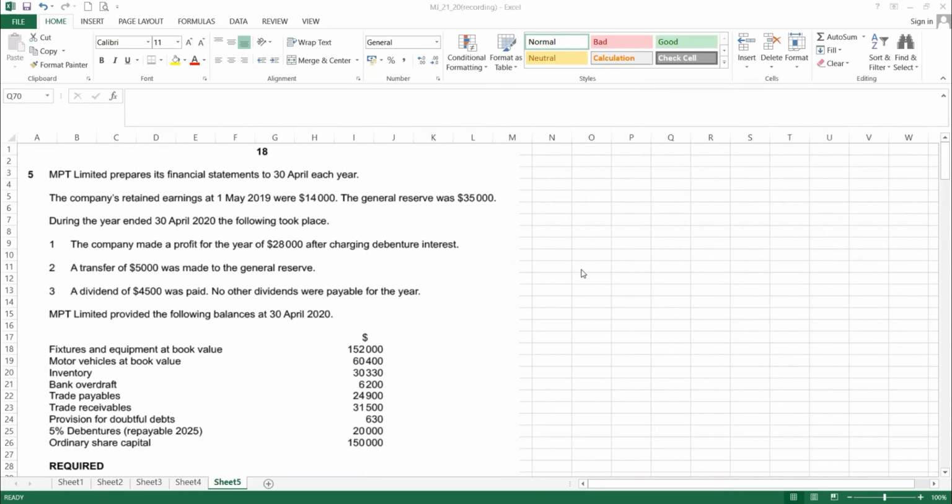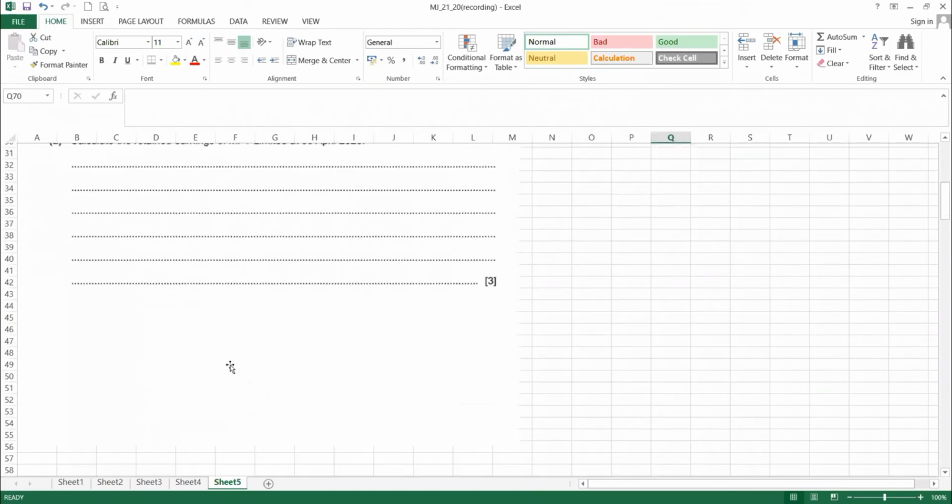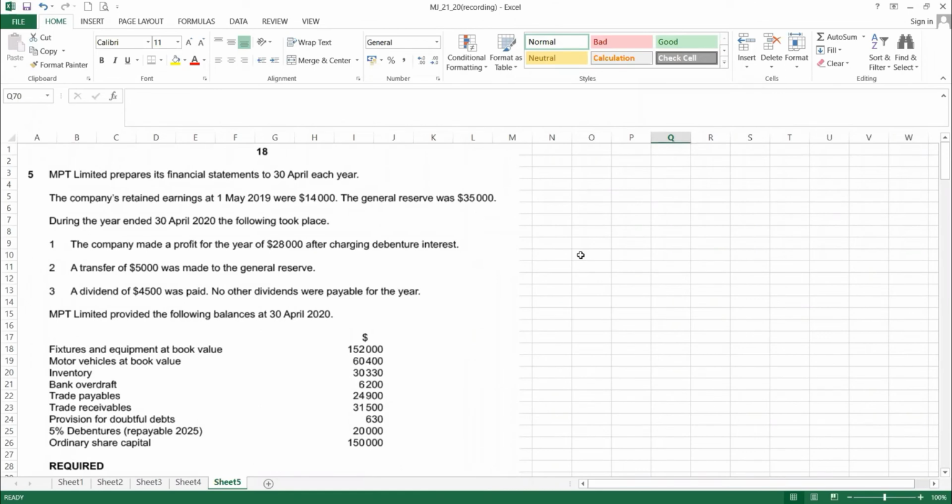Question number 5 for paper 21, May-June 2020. MPT Limited prepares its financial statements to 30th April each year. The company's retained earnings at 1st May 2019 were 14,000. The general reserve was 35,000.